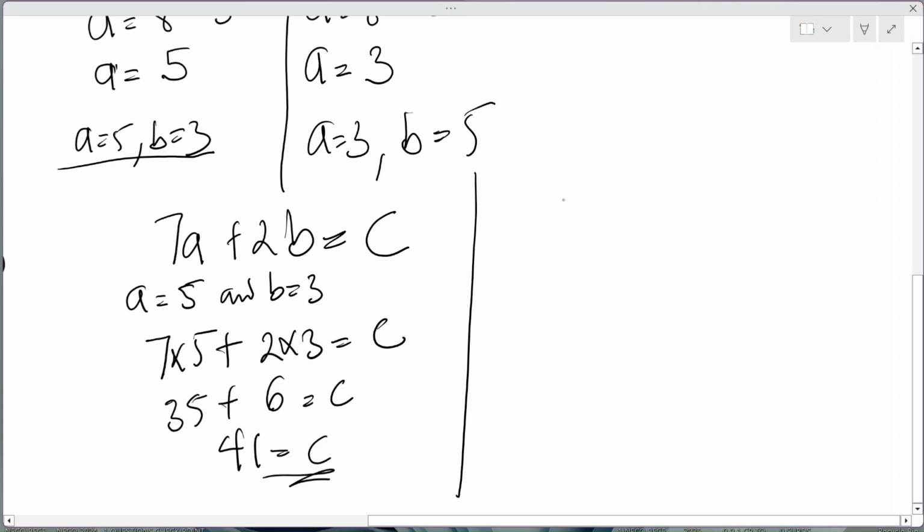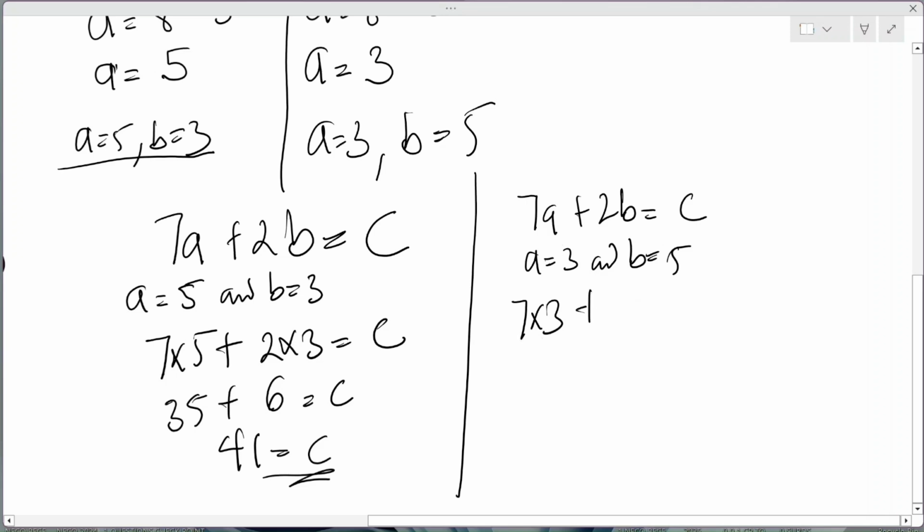Let's separate it with a line. You have equation 2, 7a plus 2b equals c, the only equation that has c in it. When your a is 3 in this case and your b is 5, what is c? So you have 7 times 3, your a is 3, plus 2 times 5, your b is 5, equals c. 7 times 3 is 21, plus 2 times 5 is 10, equals c. 21 plus 10 will give you 31. c is 31.